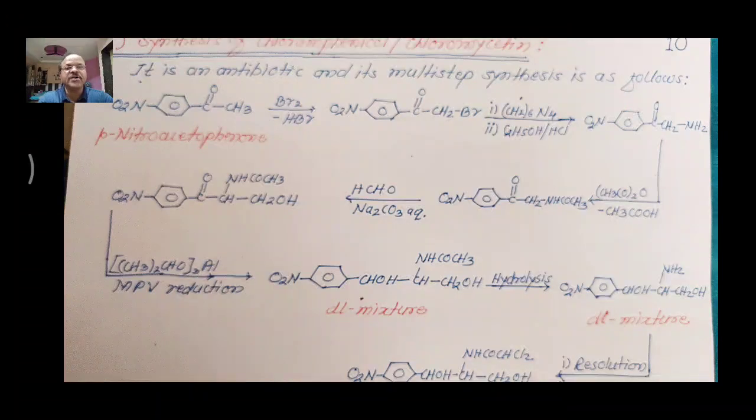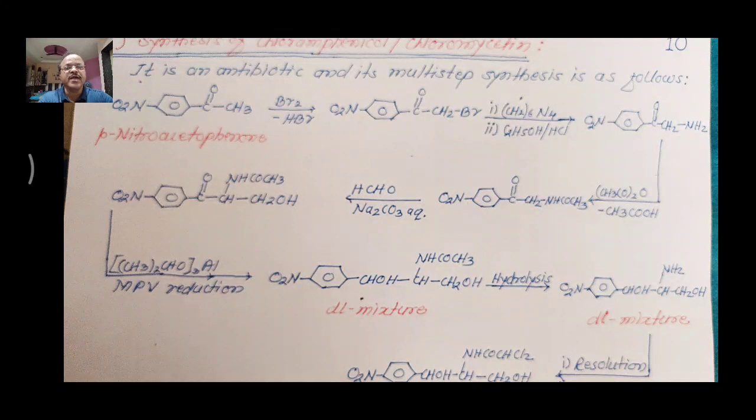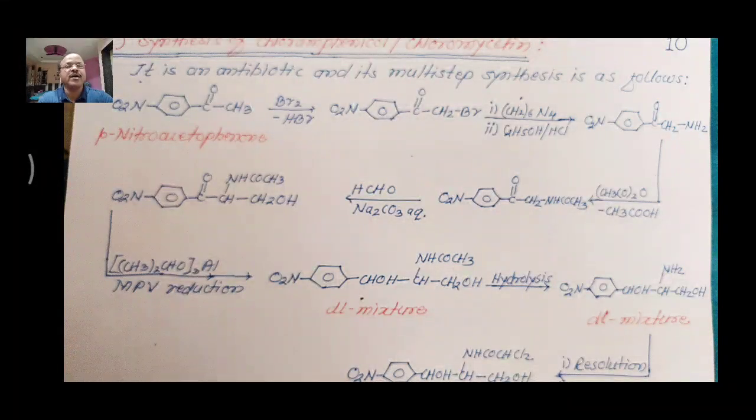So the starting compound used for chloromycetin synthesis is para-nitroacetophenone. Now this para-nitroacetophenone on bromination eliminates one HBr molecule, minus HBr, and there is formation of this bromo derivative of acetophenone, nitroacetophenone.